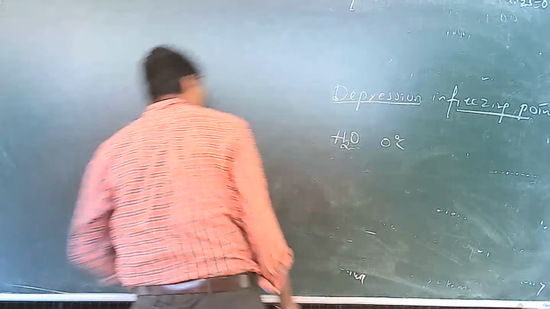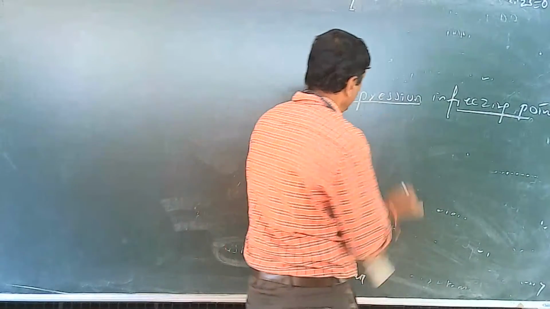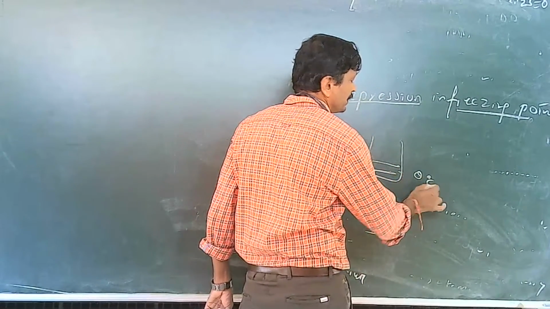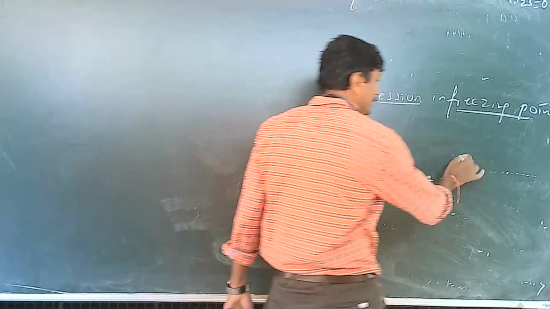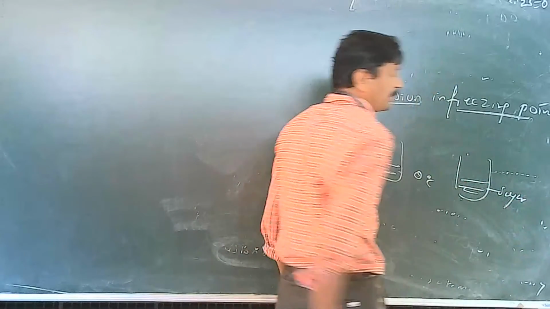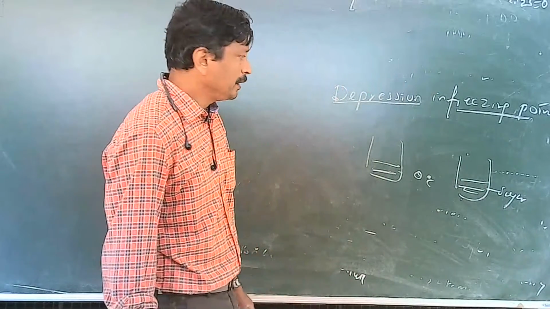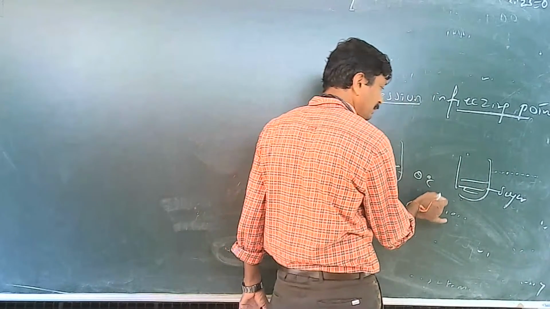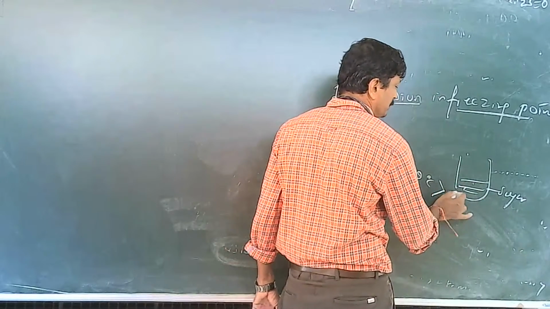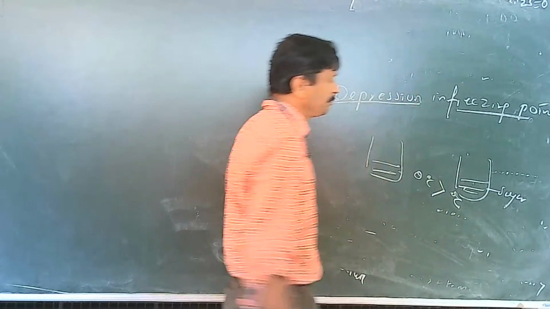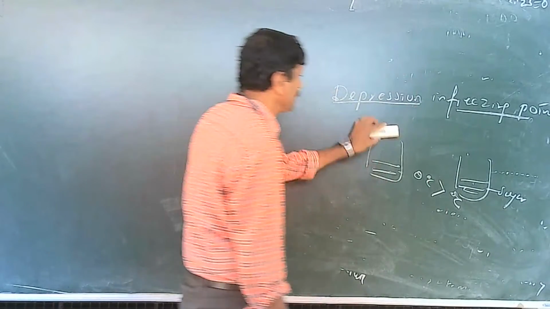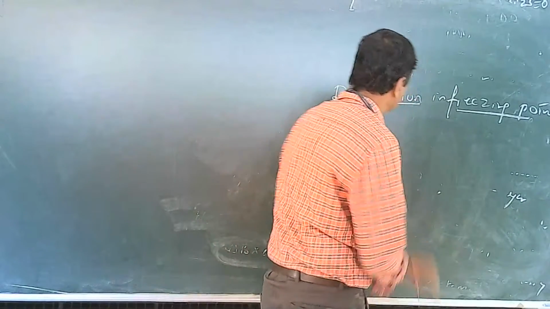For example, if you have water, its freezing point is 0 degrees centigrade. If it is dissolved with a small amount of sugar or any solute, then its freezing point is less than 0 degrees centigrade. The freezing point of the solution is less than the freezing point of water. This is the difference in freezing point.